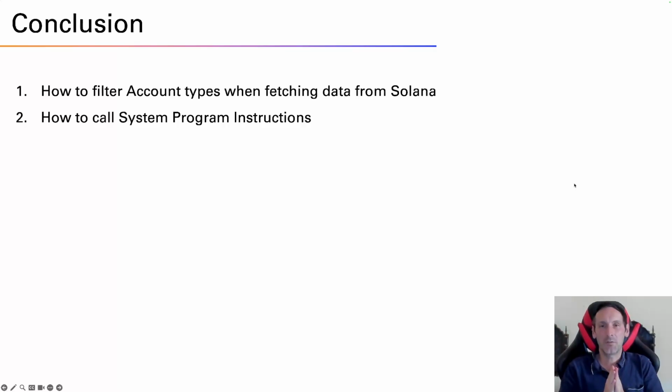Right, we got to the end of the video. So, conclusion: we've covered the core aspects of Solana transaction encoding, with particular focus on how to filter for different types of Solana accounts, or data accounts, let's put it like that. And for a Solana program, we also looked at how to call system program instructions, in this specific case the transfer instruction.